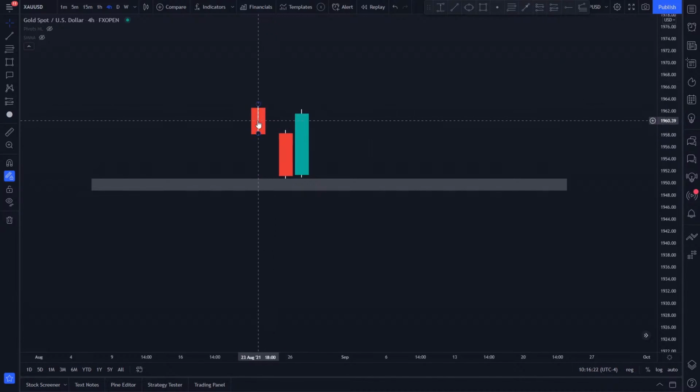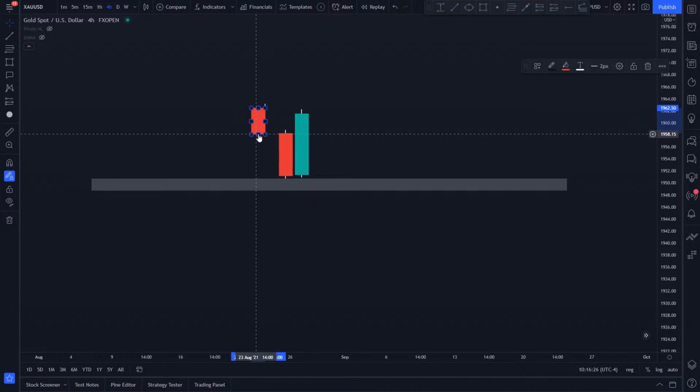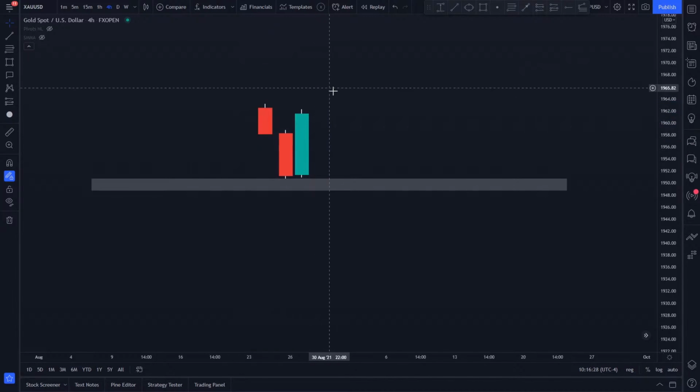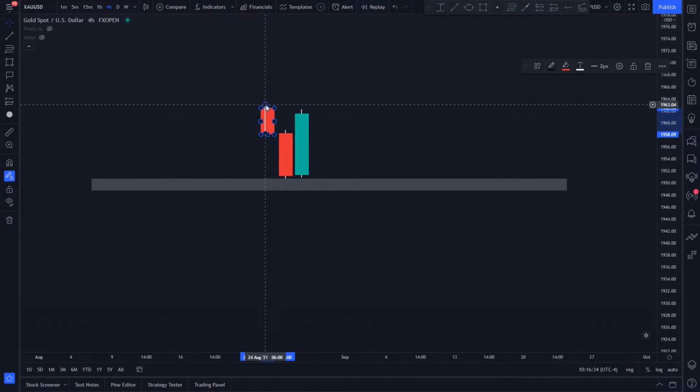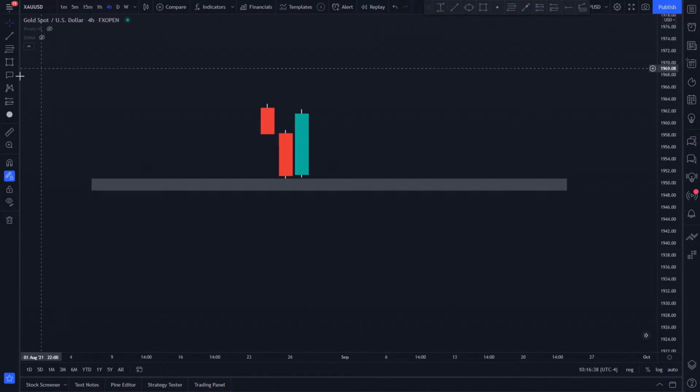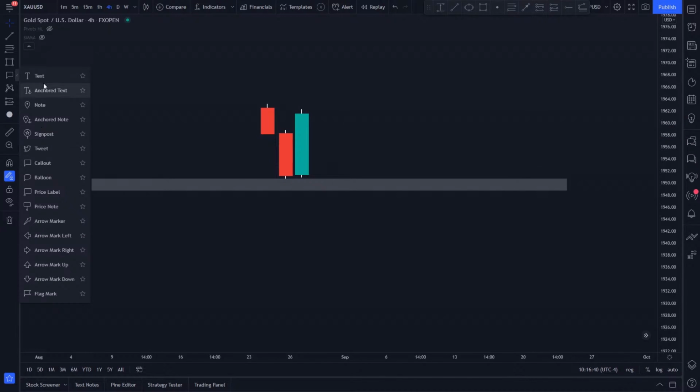Perfect. All right. So let's move it closer. Good. Okay. So we have our 1, 2, 3 engulfing right here. I want to move it just a little bit closer. There we go.